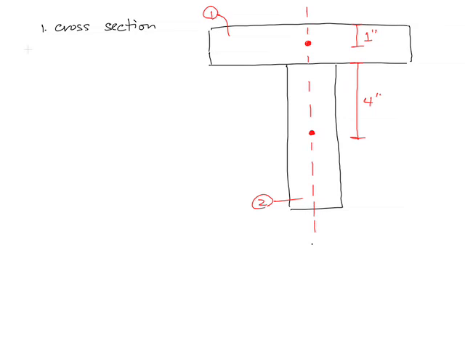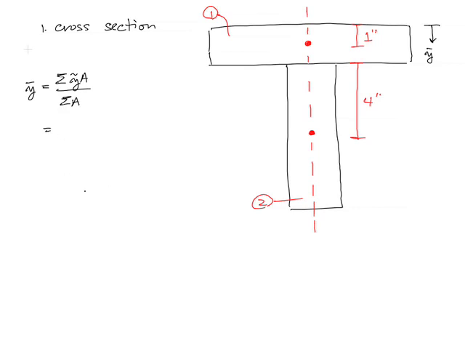So what we're going to do is write an equation that looks like this: y bar of our composite section, and I'm going to measure using the top down as my datum, as is suggested in the original picture. It's going to be the sum of the y tilde A over the sum of the A. You remember that from statics last year.